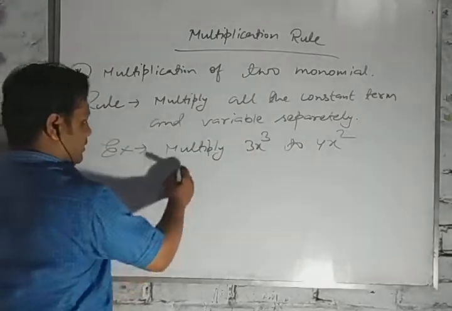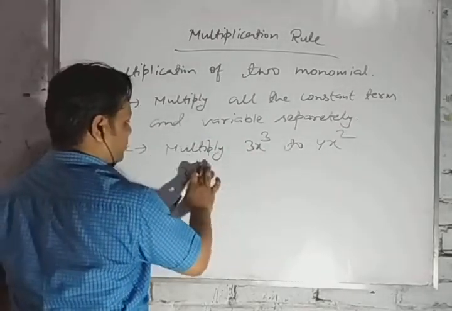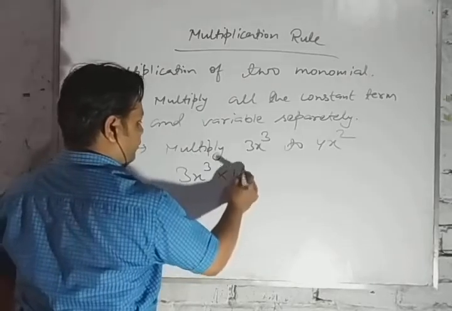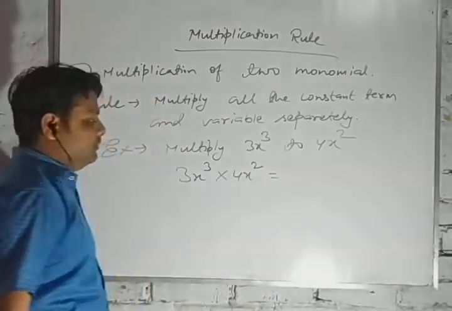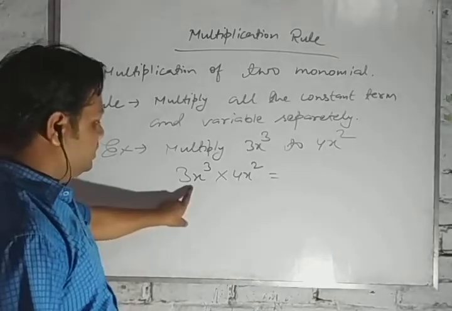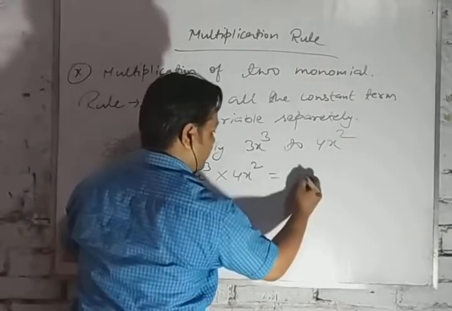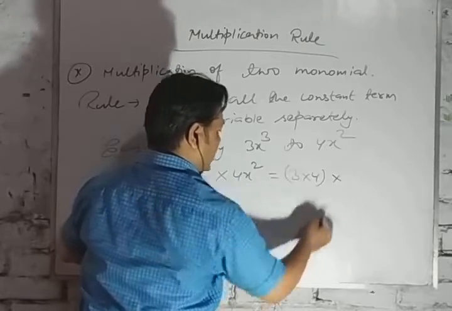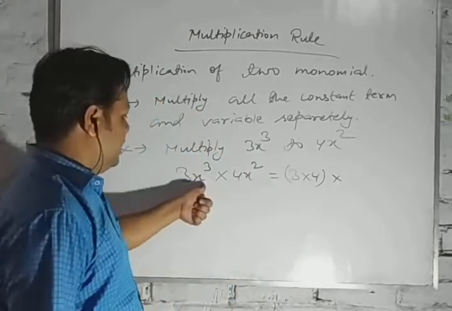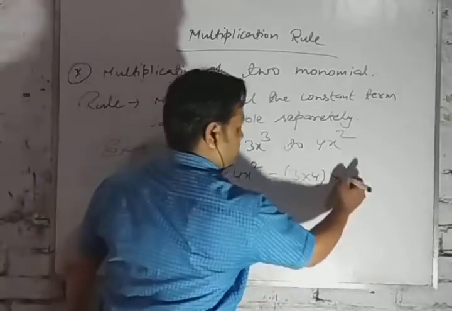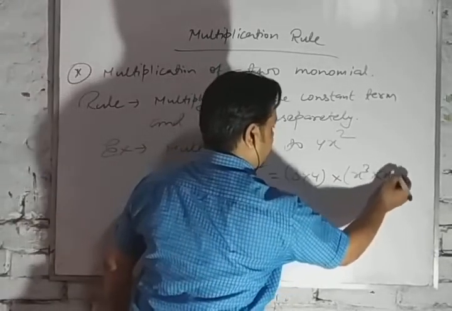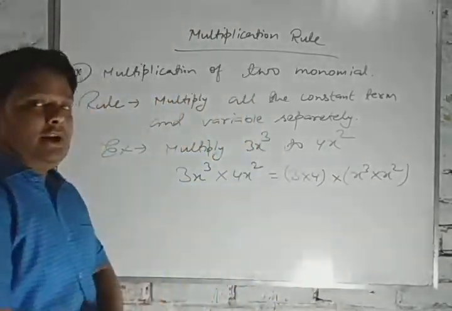That is, now we have written 3x cube into 4x square. Now what is the constant term here? 3, and here constant term 4. So 3 into 4 separately, into all the variables x cube and x square. So x cube and x square. Now it is the multiplication rule here.